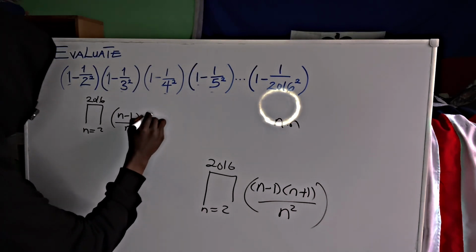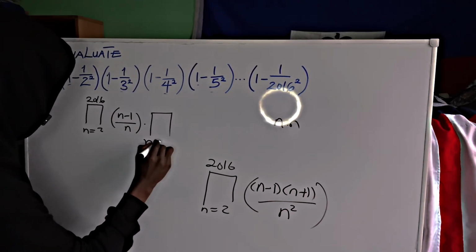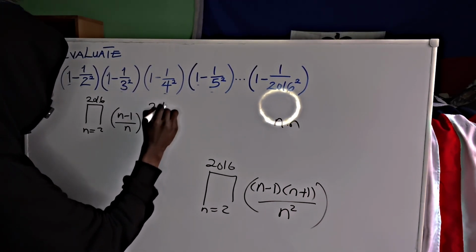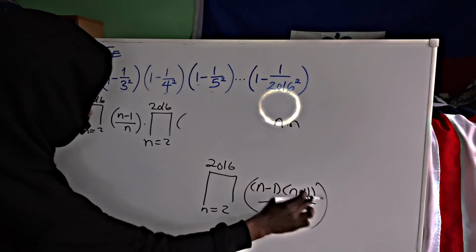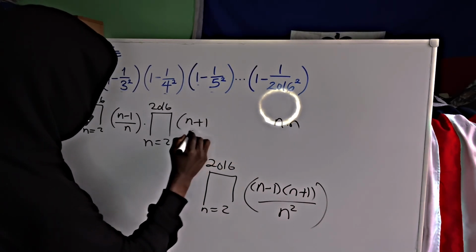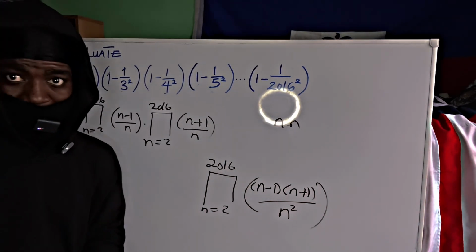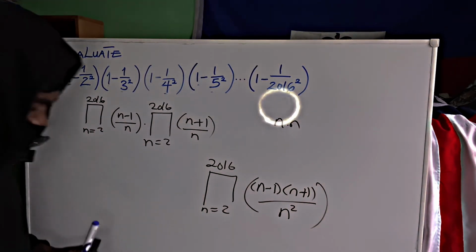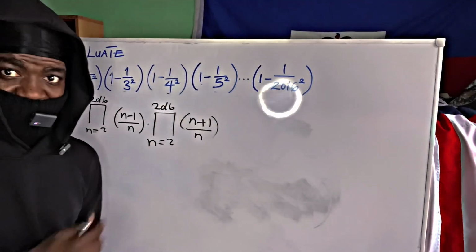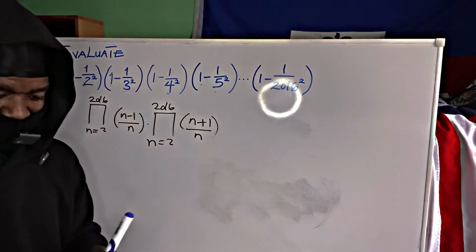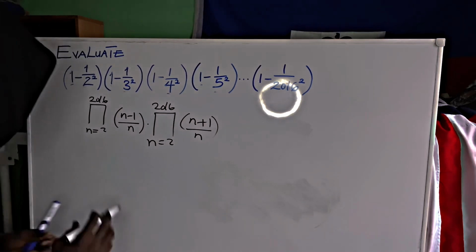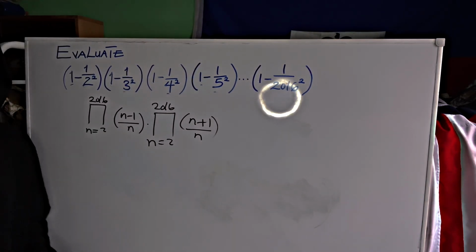We say times the product from n equals 2 to 2016 of (n + 1) over n. Are we there, guys? This is very simple. We're going to be evaluating each of the products separately. How are we going to do it? By substituting every value of n.